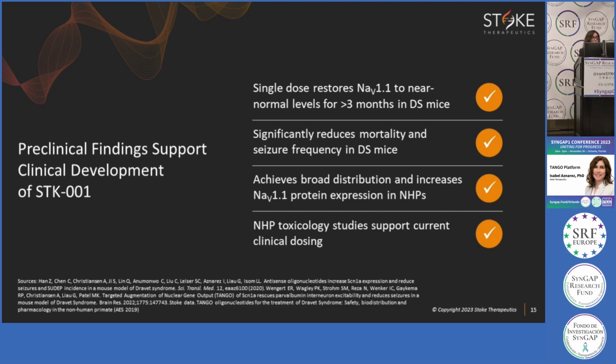Of course, NHPs are wild type, they don't have any disease, but we're able to express above normal levels of NaV1.1, and it seems to be pretty safe. We have not seen any toxicity related to that. And in NHP toxicology studies, we see that STK001 is tolerated at the clinical doses that we're currently using in patients.